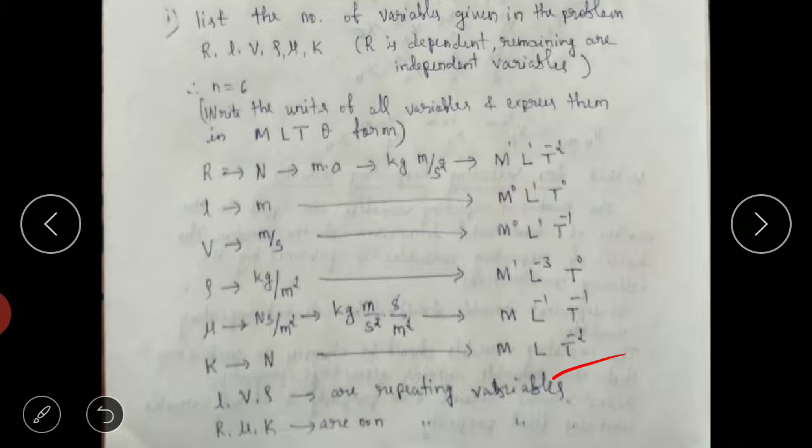If there are two geometric properties, say length and area, select length, which is the basic one. In the case of flow properties, if you have velocity and acceleration, go for the basic one, velocity, then we get acceleration. So select velocity as a repeating variable.